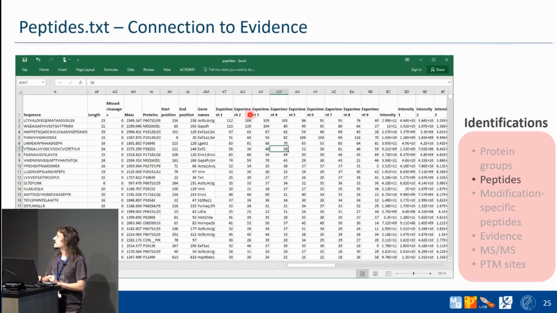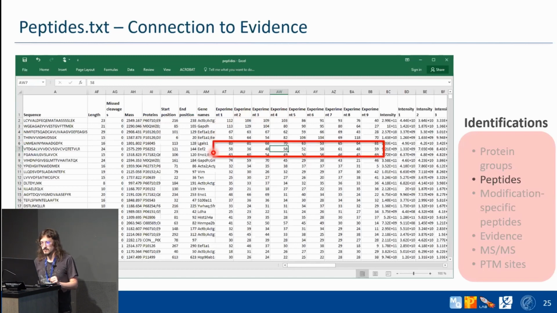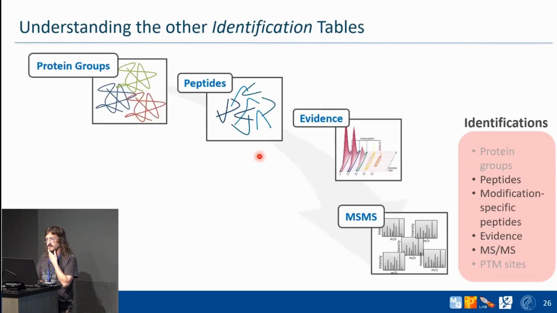And also, as you can see here, there are the different experiments, so you can check the starting position and the ending position for every single experiment. And here there are how many peaks contributed for that particular peptide through all the experiments. So it's a good way to check if there were some batch effects happening in your experiment.